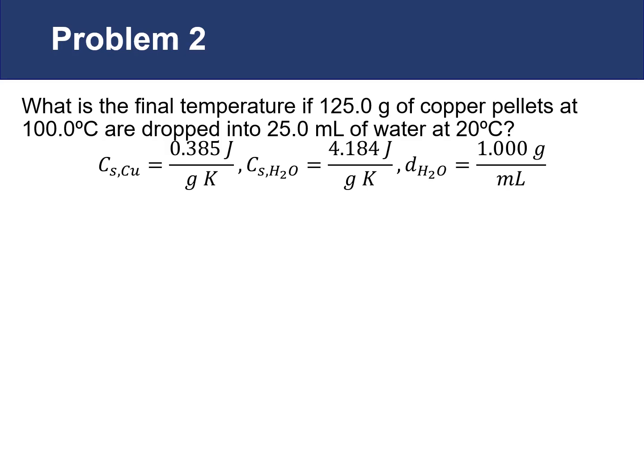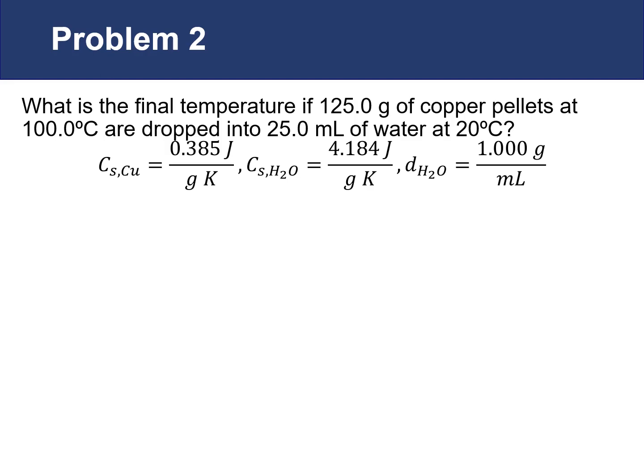we're trying to figure out what is the final temperature if 125 grams of copper pellets at 100 degrees Celsius are dropped into 25.0 milliliters of water at 20 degrees Celsius. Okay, we have our heat capacities and we have our density for the water that we're going to be working with.